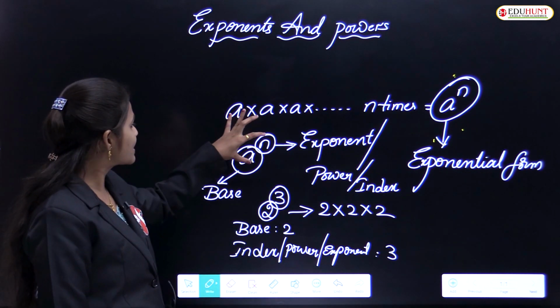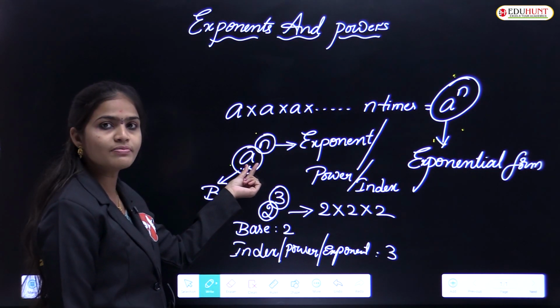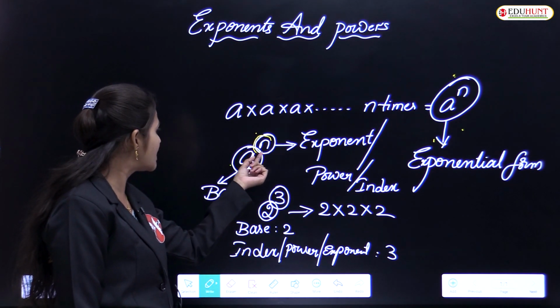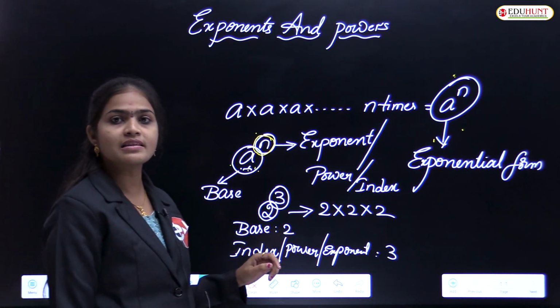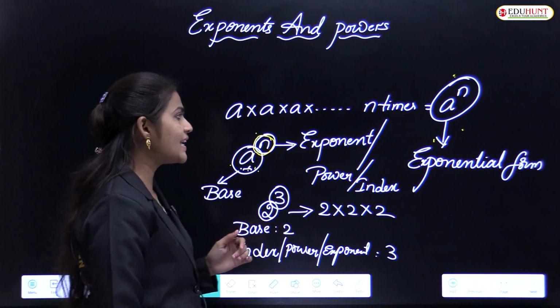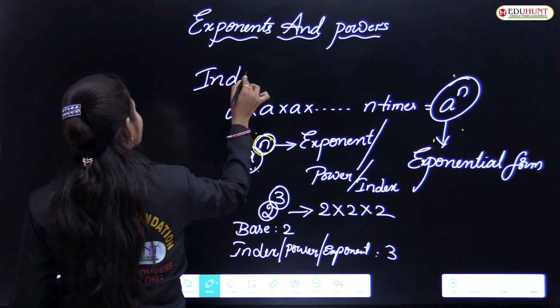In the exponential form, the number down below is called the base, and the place at the top of the base is called the exponent. The other names of exponents are powers or index. The plural form of index is indices.